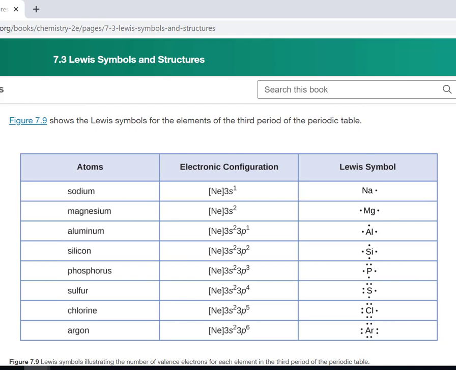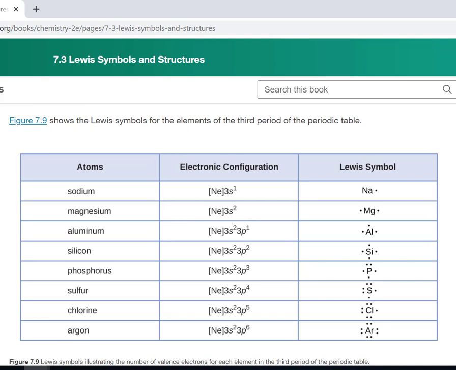We're showing period 3, but the same thing would apply to basically any period of the periodic table. So if we have a 3s1, we could also have 4s1, 5s1, etc., and we would have the same Lewis symbol. I want to say a few things about how this is set up.